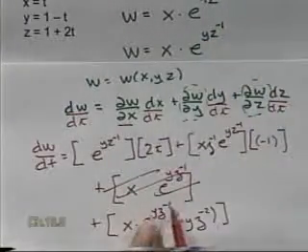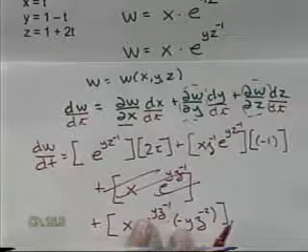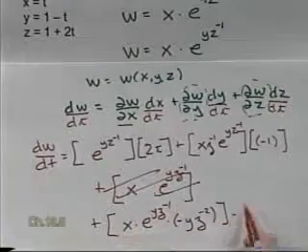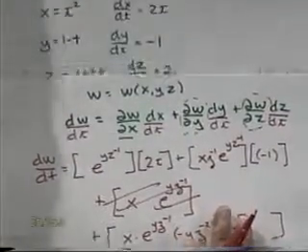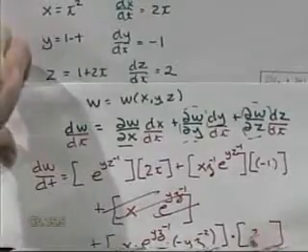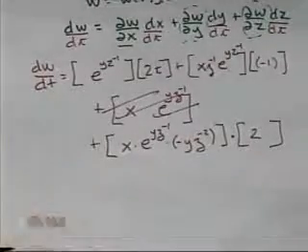And the derivative of y z to the minus 1 is the constant y, and the derivative of z to the minus 1 is going to be minus z to the minus 2. Times, now we got to do dz dt, and we did that a few minutes ago. dz dt was 2.